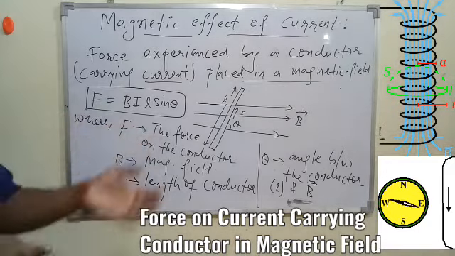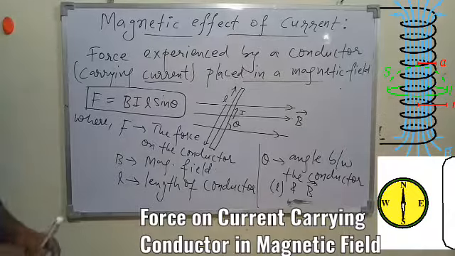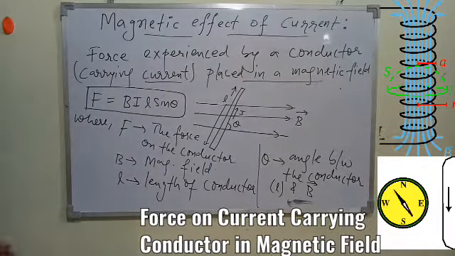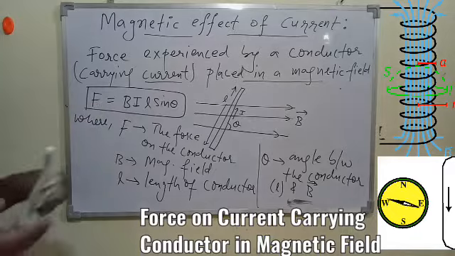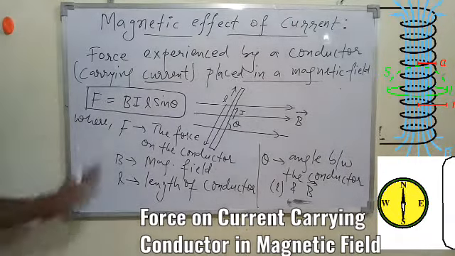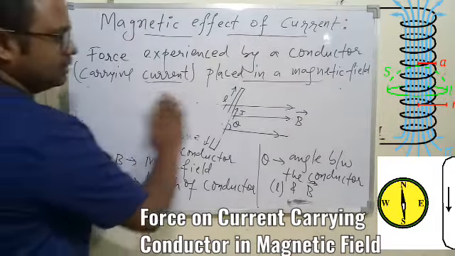This is the way BIL sine theta, that is how you can remember. Okay, so I hope this much is clear. The force given to this conductor will be given as BIL sine theta, and based on this formula we can talk about in which case the force will be maximum, minimum, and no force, all we can discuss now. So let's go for the different conditions one by one.